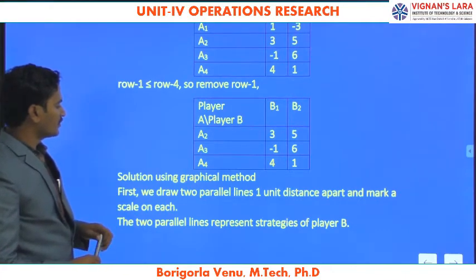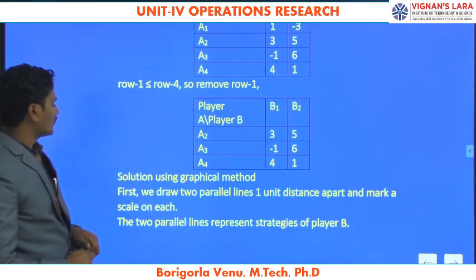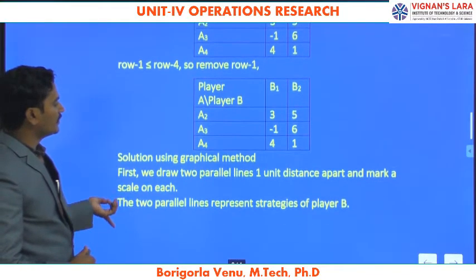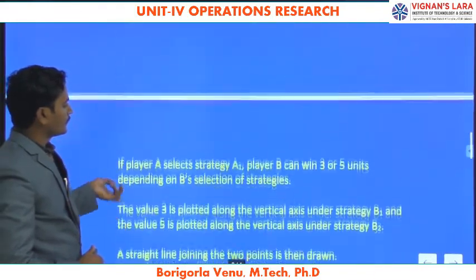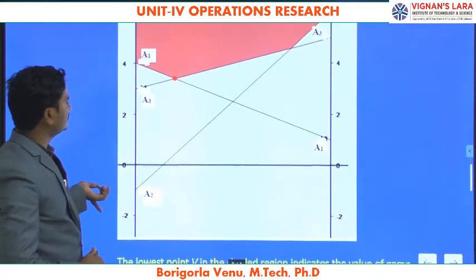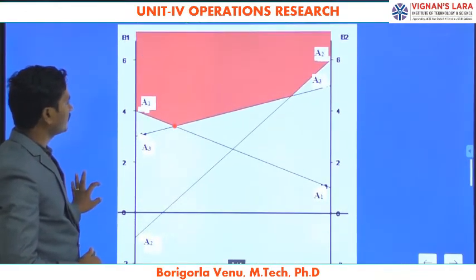So okay, now I am going to use the graphical method to solve this problem. Here I am going to draw the graph with the help of these values. See this, I am going to explain this graph.